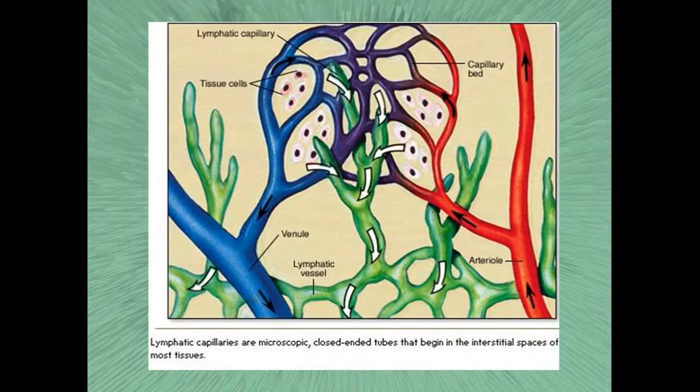If a lot of fluid accumulates in the interstitial space, it causes tension of the filaments and increases the gaps in between the endothelial cells of lymphatic capillaries, and in this way increases the lymphatic drainage, returning this fluid back to the bloodstream.